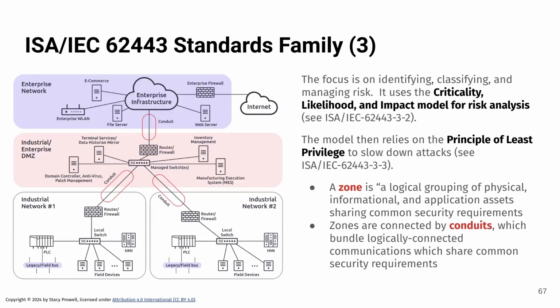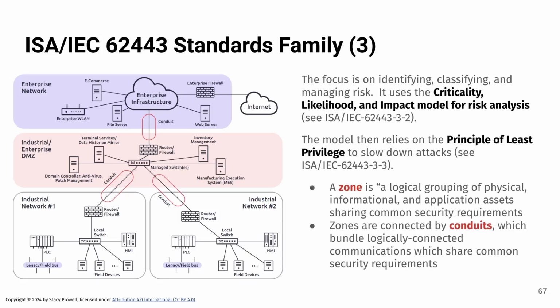Basically, what's going on is we are managing risk, and 62443 uses this notion of criticality, right? How critical is something? Likelihood, how likely is someone to be able to successfully tamper with that? And impact, what is the impact of something bad happening there? It uses that model for risk analysis, and then it relies on least privilege to slow down attacks.